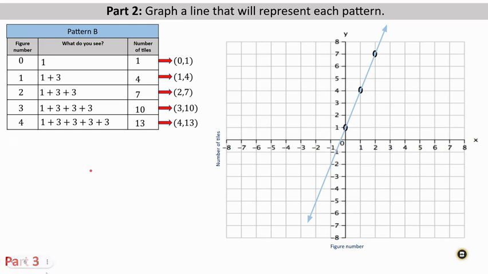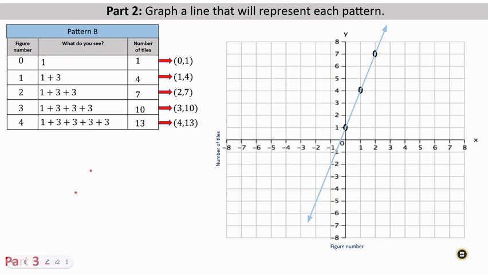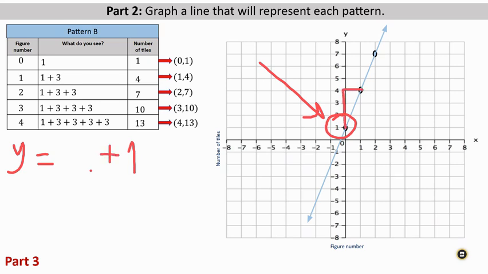The equation of my line is going to be y equals, look at my y-intercept. Always think about your y-intercept. It's 1. Plus, what is my slope? Rise over run, so it's 3 over 1, which equals 3. So it's 3x plus 1.